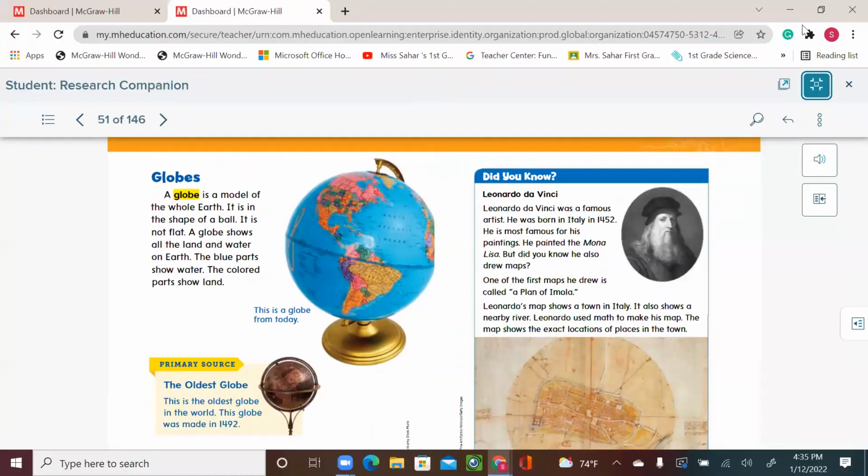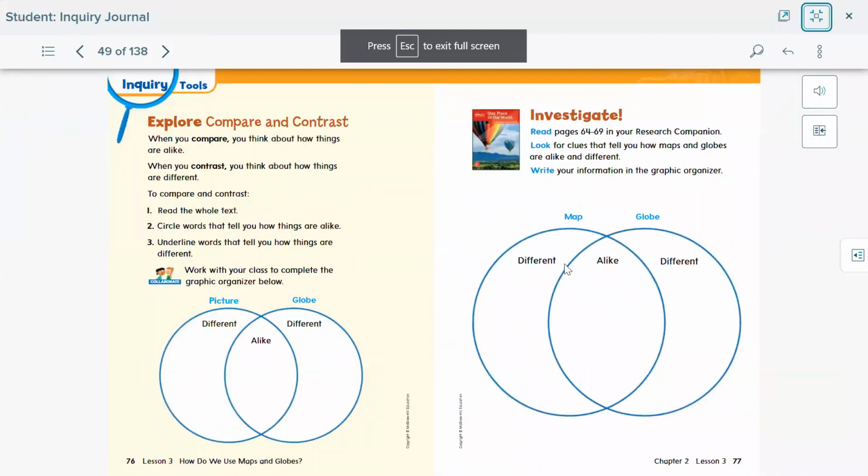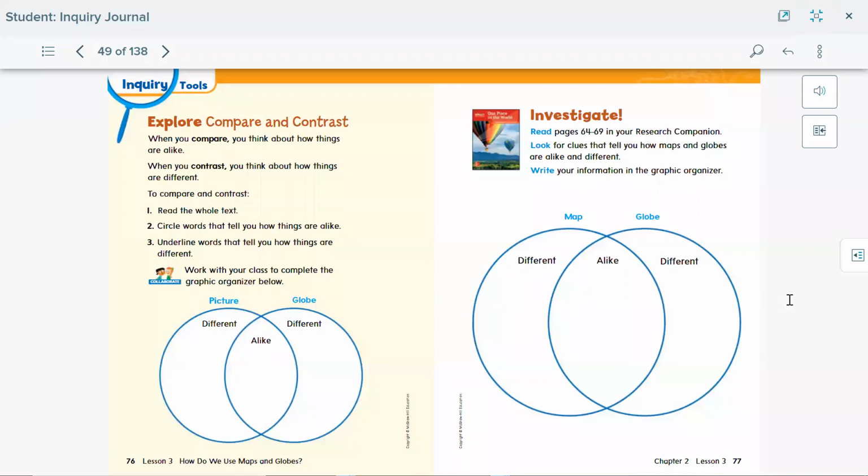All right, so now let's go to our book, page 77, and answer what's the difference between the map and the globe and what's alike. Let's see what do we have in both map and globe alike.